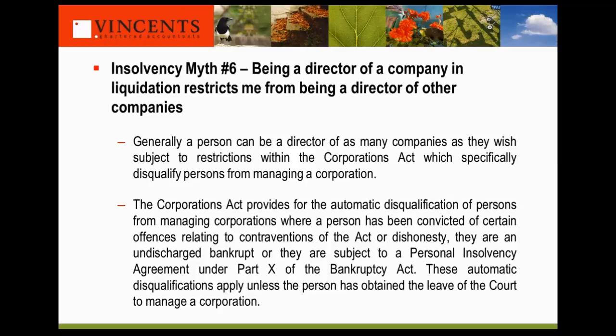In addition to being automatically disqualified, ASIC also has the power to seek a banning order against a person from managing corporations where they have been involved in 2 or more unrelated failed companies.